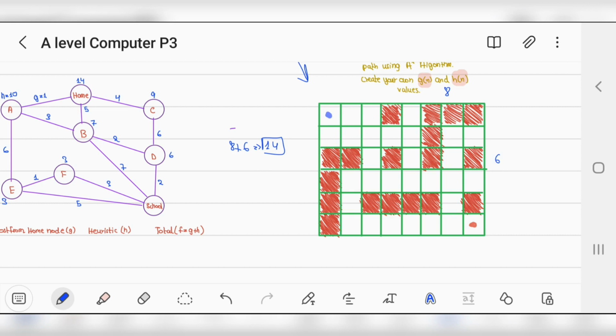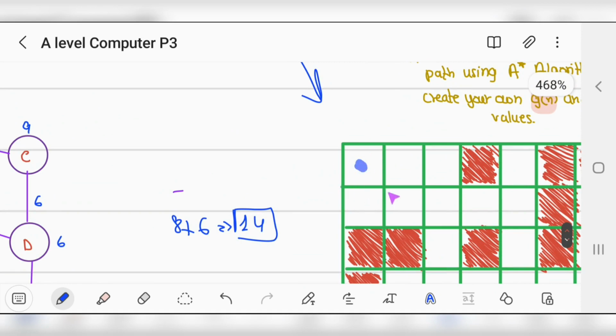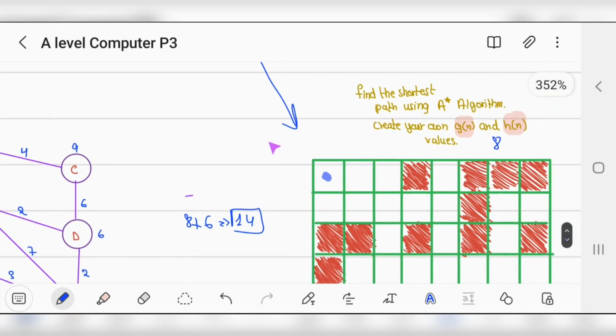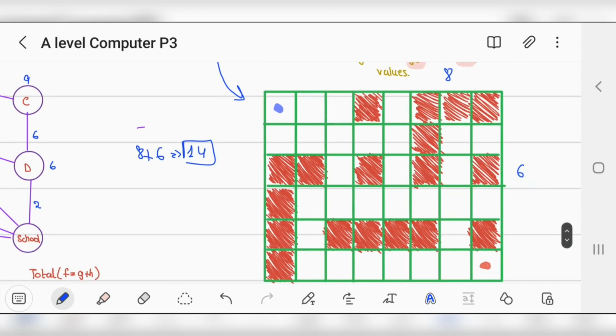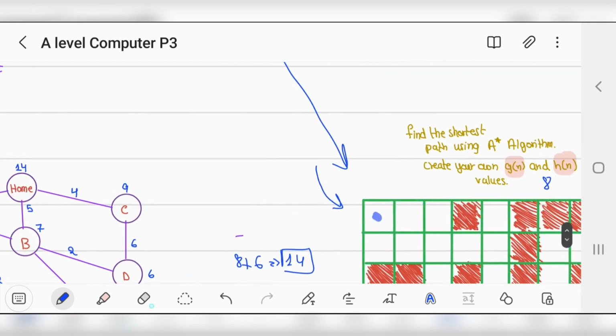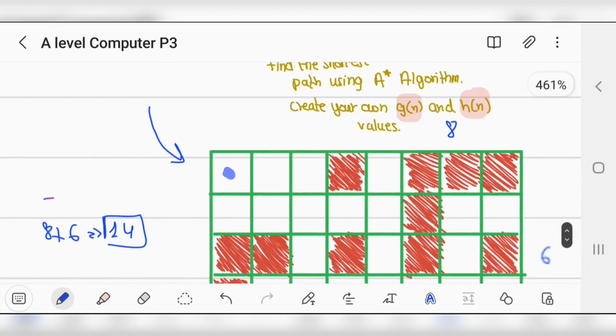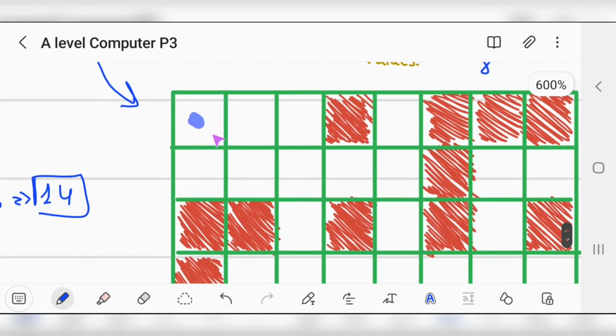Now how to generate Gn? Depending on this scenario, by looking at this grid, we need to calculate Gn. So how are we going to do it? Supposing that you can go right, down, up, and left.